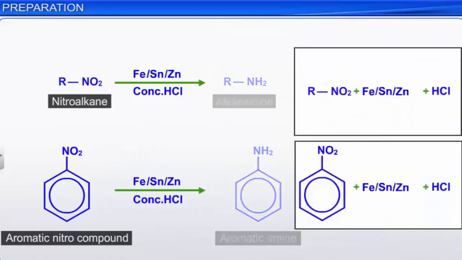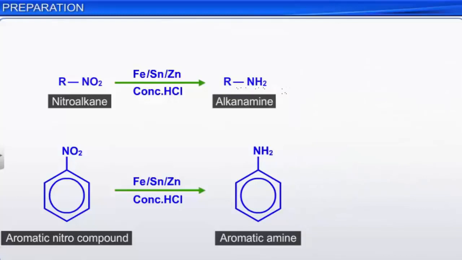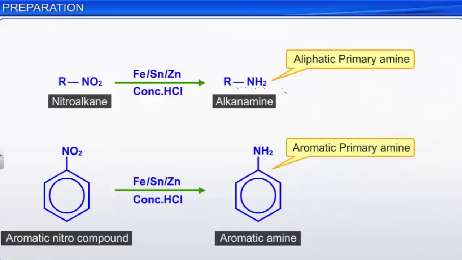In this reaction, the nascent hydrogen produced by the action of active metals with hydrochloric acid reduces the nitro compounds to amines. Note that both aliphatic and aromatic primary amines can be prepared by the reduction of the corresponding nitro compounds.